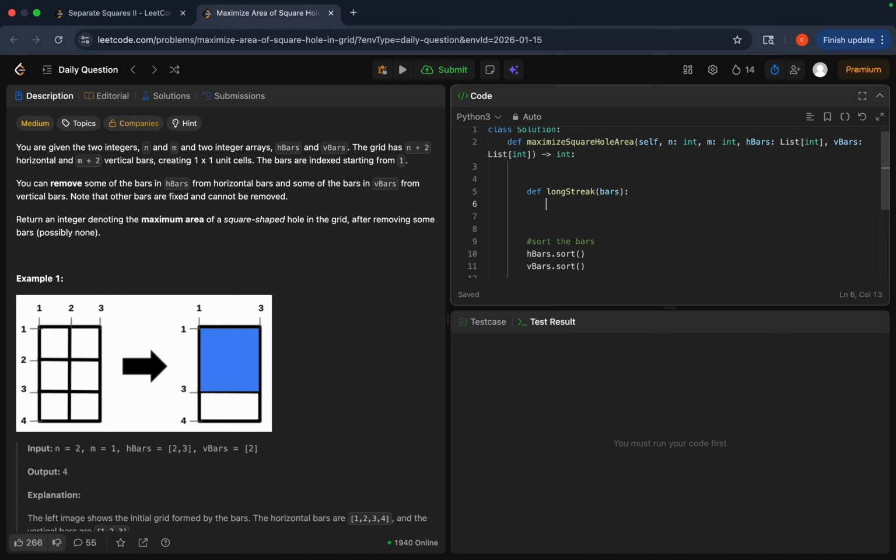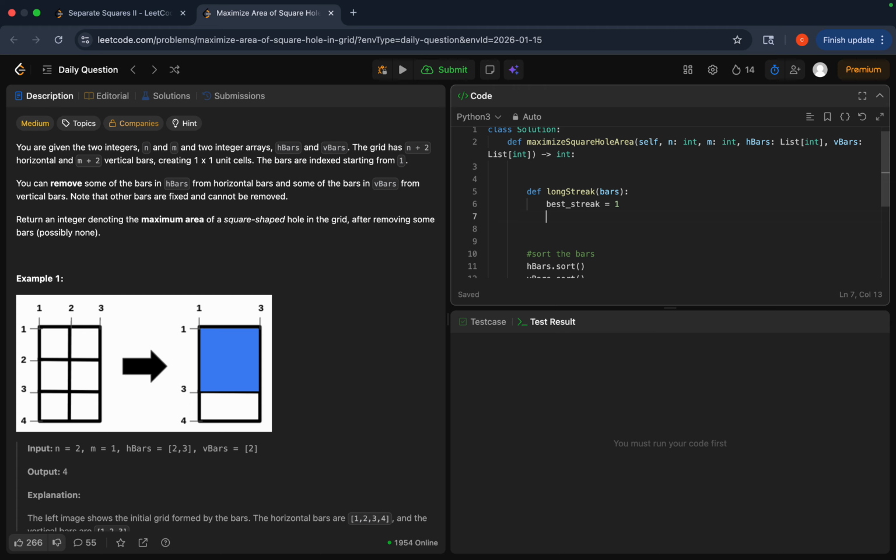So first we need two things actually, which is best streak to track the best. So this should be assigned to 1, because eventually no matter what, we will have the streak as 1, because each square is 1 cross 1 unit cells, so even that is a square, and the minimum among everything will be 1.